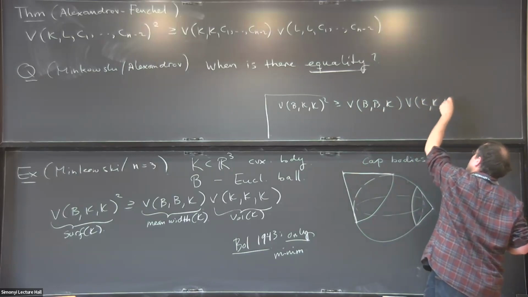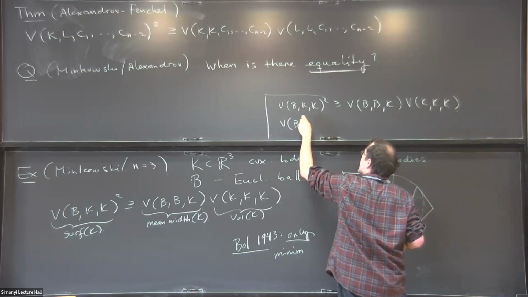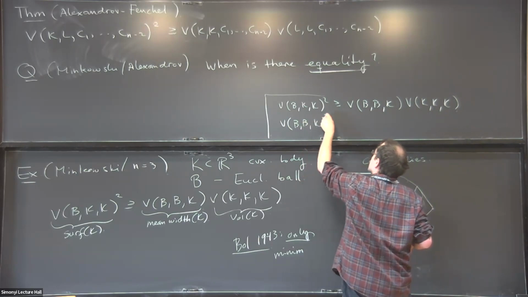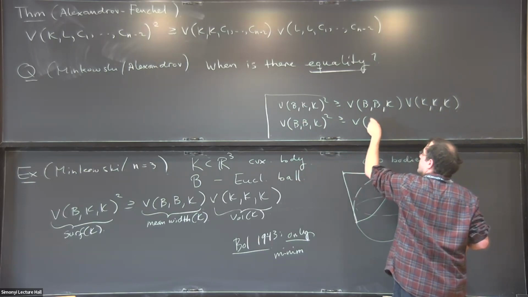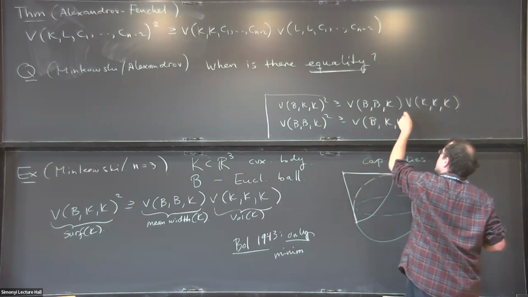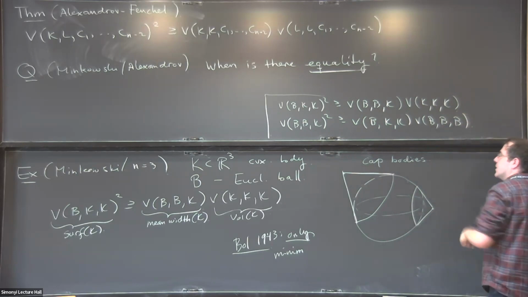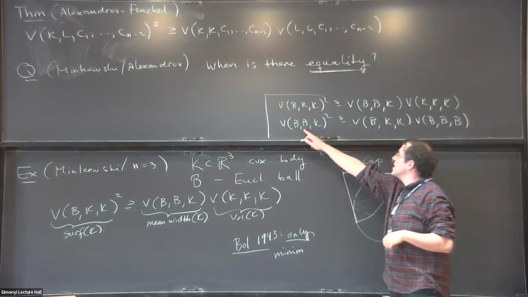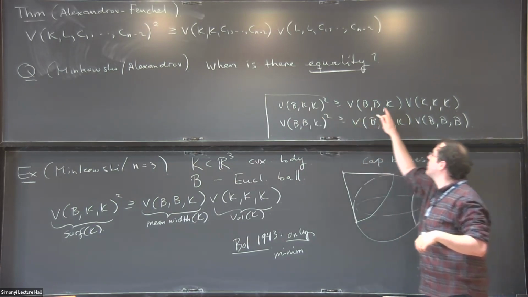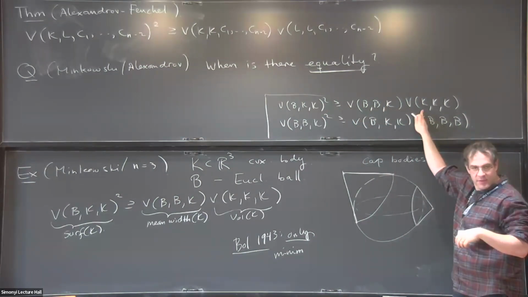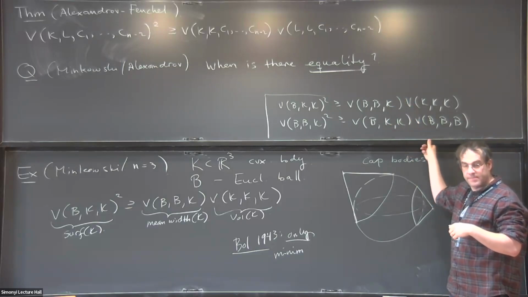That's one of the non-trivial inequalities. And the other one is V(B,B,K) squared greater or equal to V(B,K,K) V(B,B,B). This one says that the surface area is lower bounded by the mean width times the volume. And if you combine these two inequalities together, you get the isoperimetric inequality.